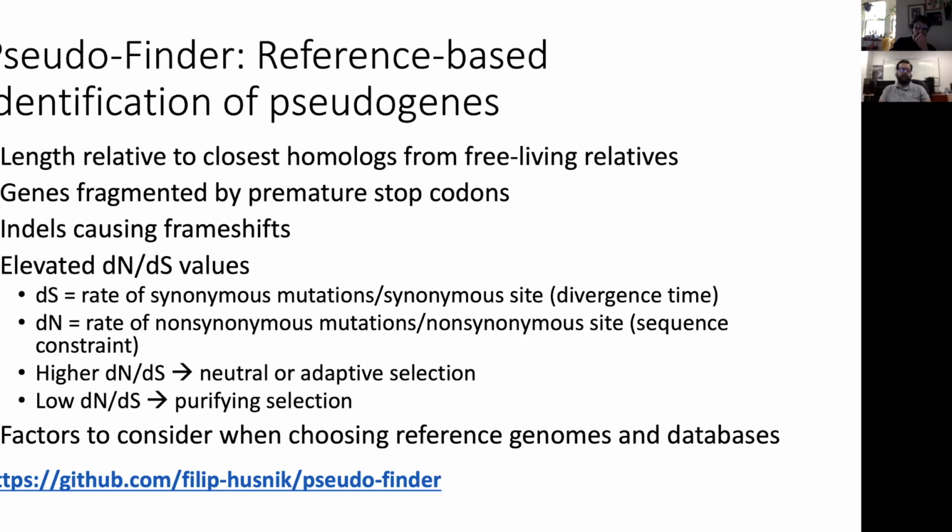So 2 standard deviations above that is 0.2, and I think that's a fairly accurate number to use in my case, because if I look at the DN/DS values of pseudogenes that have been predicted using other metrics like length and gene fragmentation, then the average DN/DS value is about 0.2. All right, thank you. Yeah.